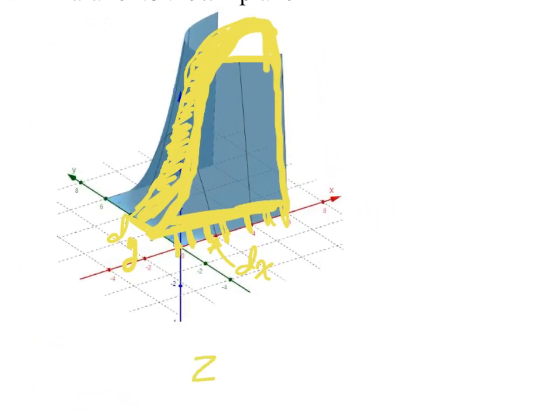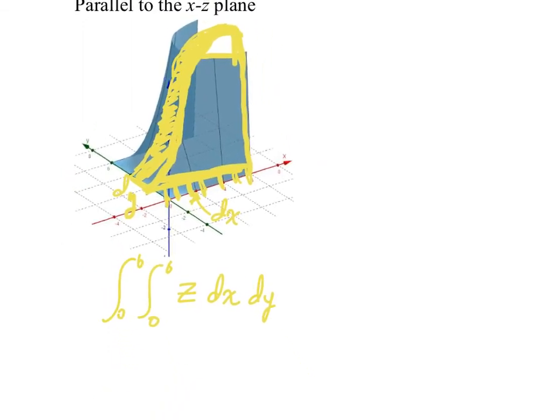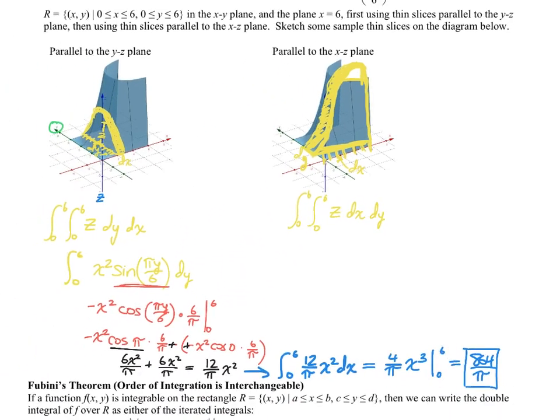So now I'd be taking my z function, multiplying it by dx dy, and integrating the x component over the interval of 0 to 6, followed by the y component also over the interval of 0 to 6. All right, so that's your setup. All you have to do is carry out the process, but don't do what I did. Remember to put the x squared sine of whatever it was in for z before you get started. Otherwise, bad things are going to happen.